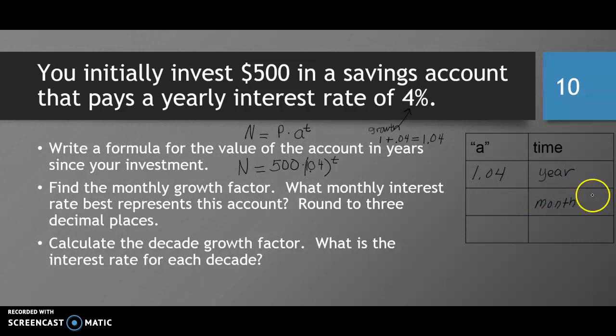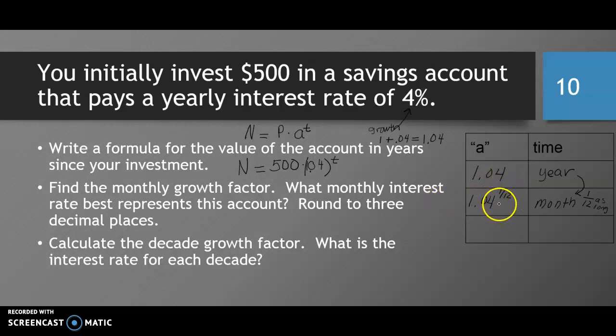And so we want to look for the relationship here from year to month, and we see that a month is 1/12 of a year. So that means that we are adjusting the time in our formula to be 1/12 as long. So what I'm going to do on my calculator is take 1.04 and raise it to the 1/12 power, because our time, which is our exponent, is 1/12 as long.